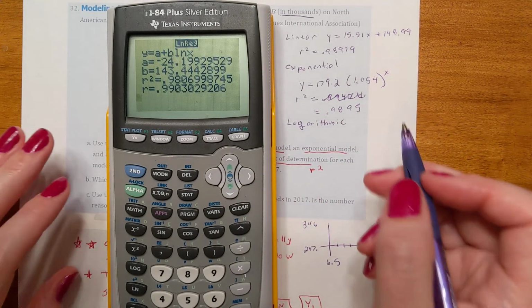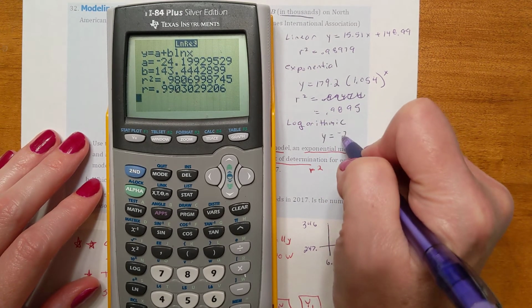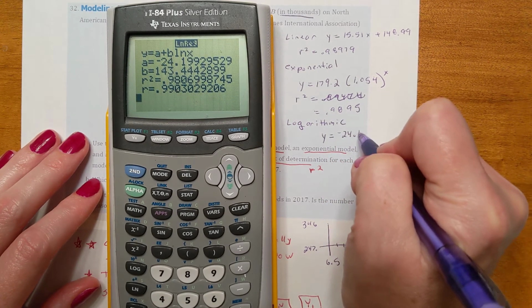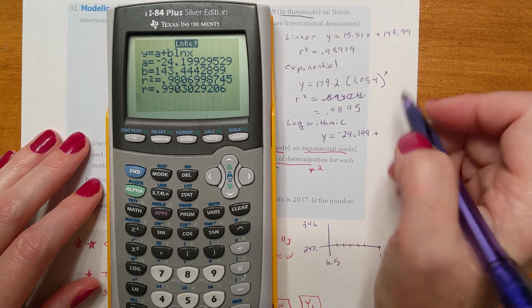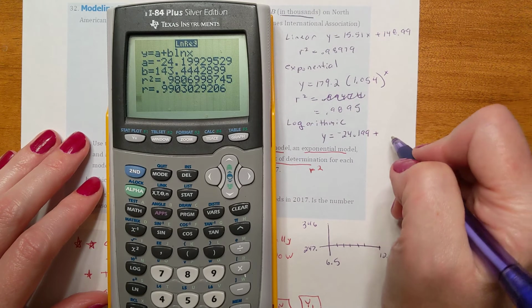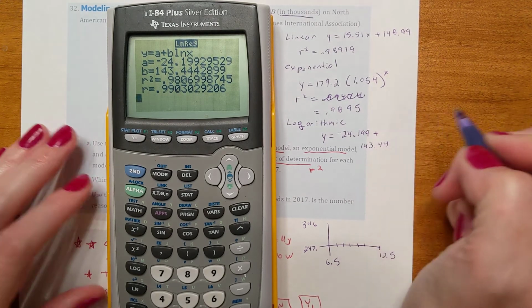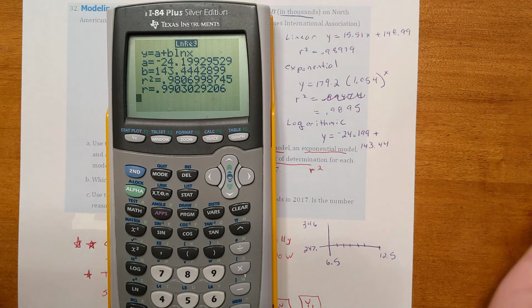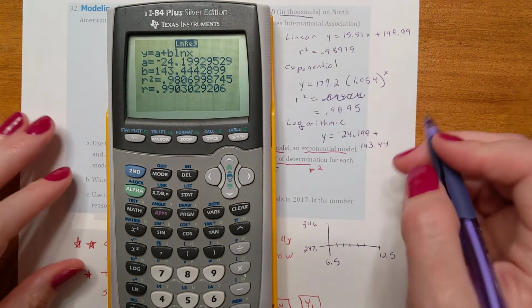All right, so the logarithmic one is y equals a, which is negative 24.199, and then plus b, which is 143.44. I don't care how many places you guys take it out. 2 places would be nice. I don't really care. And then b natural log x.